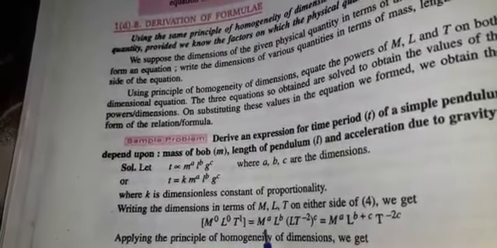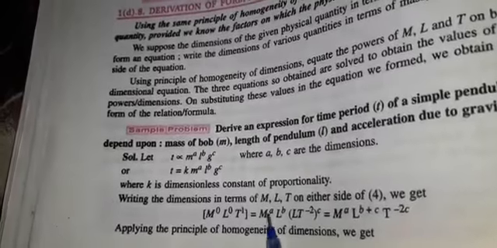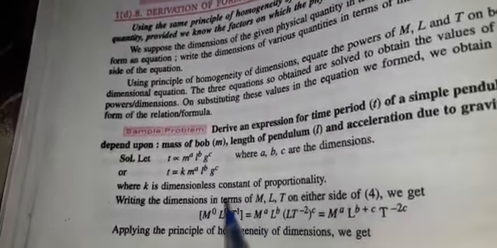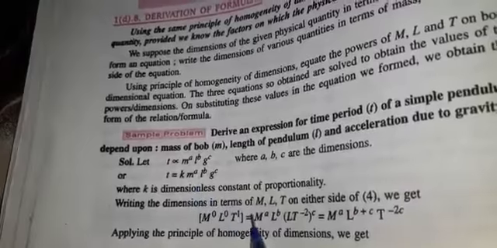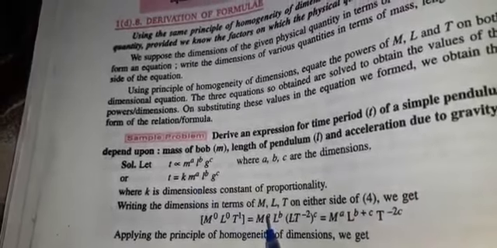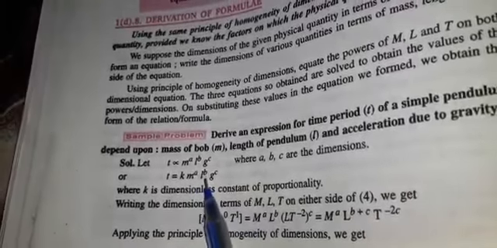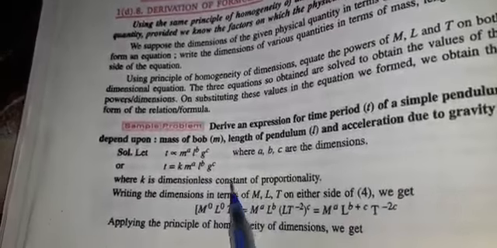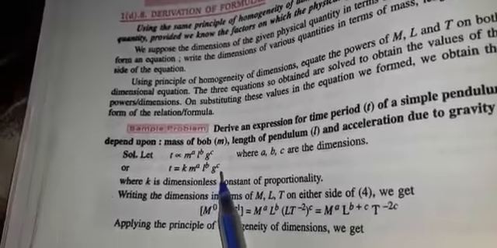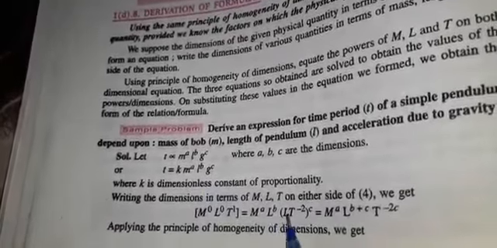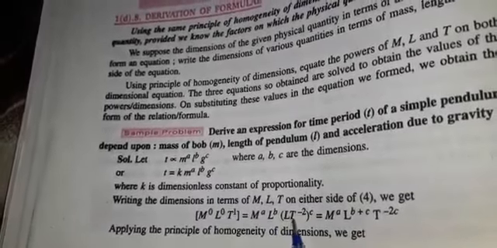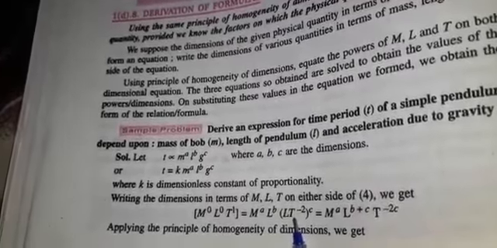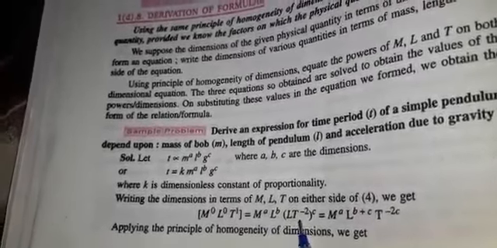Now, what is the dimension of mass? So I write here M^A. What is the dimension of L? That is length, so I write here L^B. And what is the dimension of G? In bracket, the dimension formula of G is M^0 L^1 T^-2.